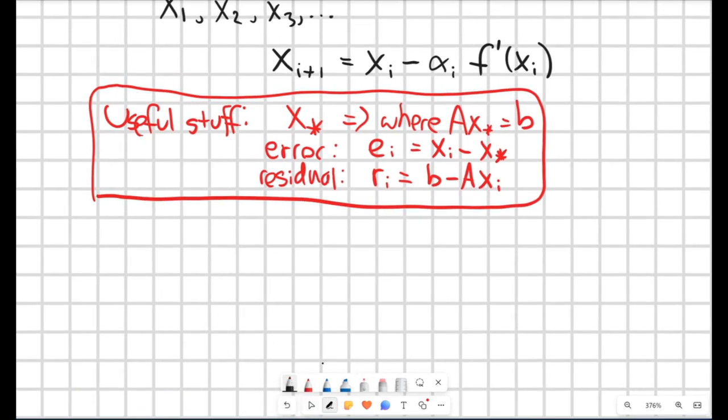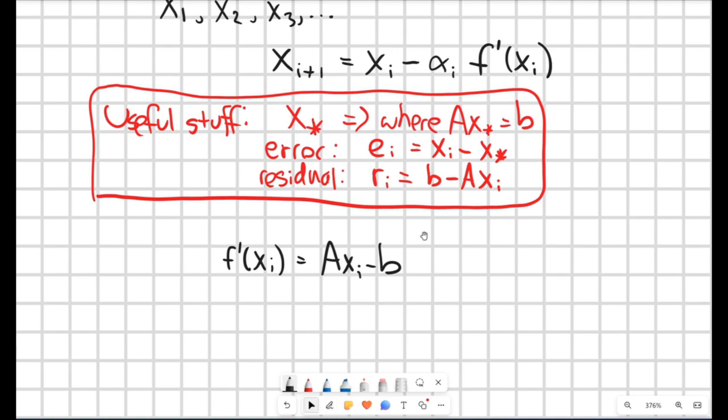Okay, so going back to our steepest descent algorithm, we've already calculated an expression for this gradient, or evaluated rather. So we know that the gradient of f at the point x i is equal to A times x i minus b. So that's right at the start of the video.